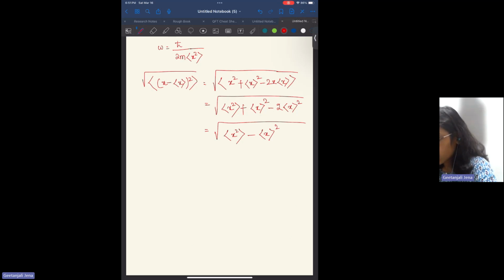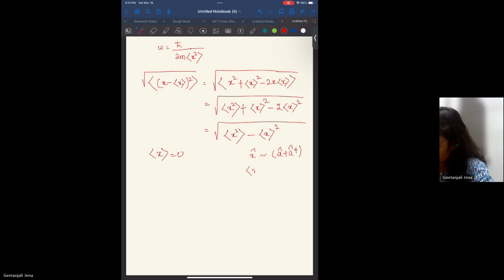Now for a harmonic oscillator, the expectation of x will be equal to 0, because if you write x in terms of a and a dagger, it is approximately equal to a plus a dagger, right?